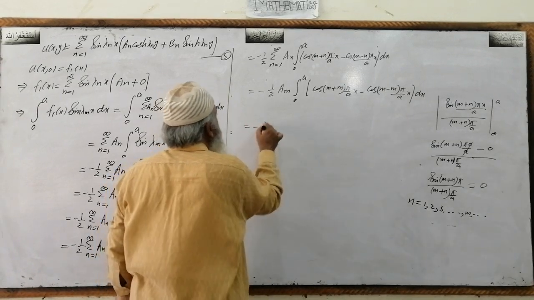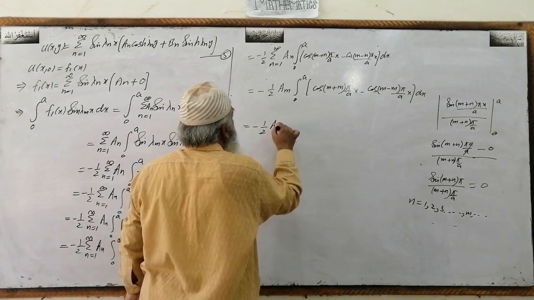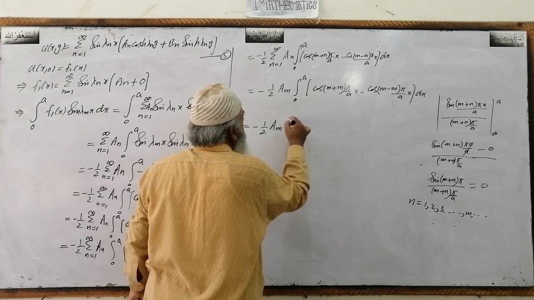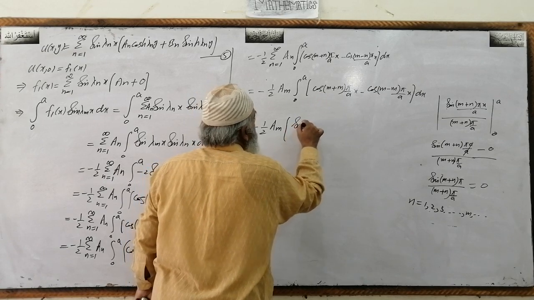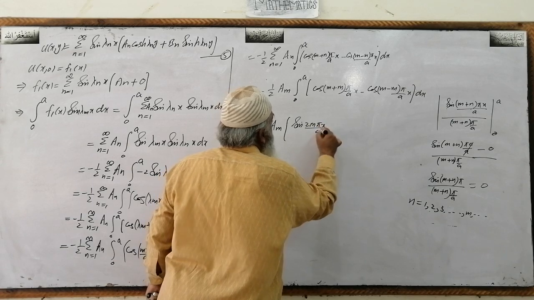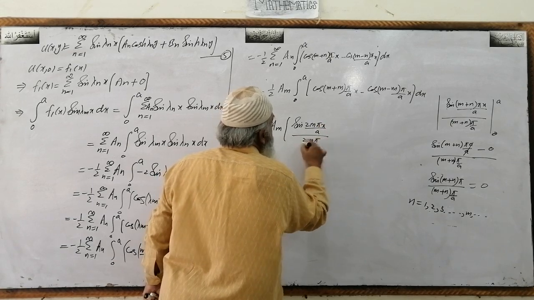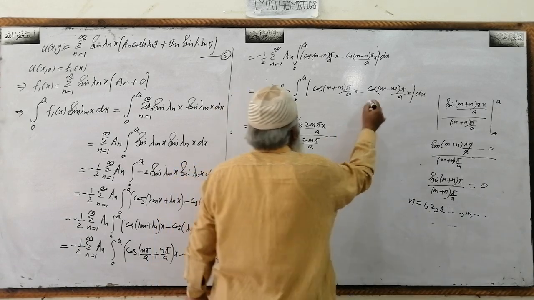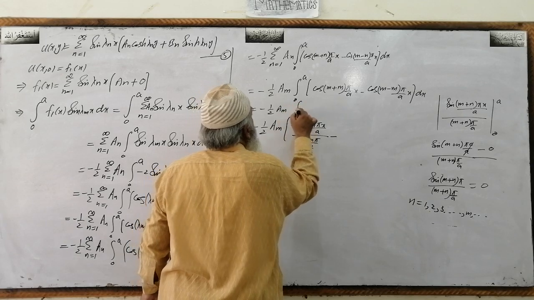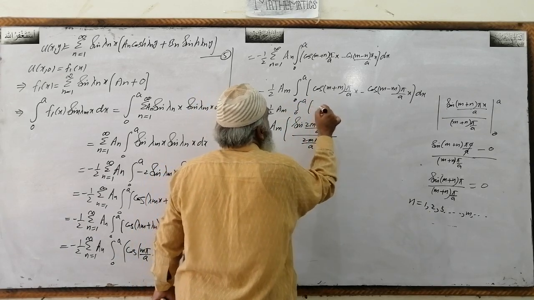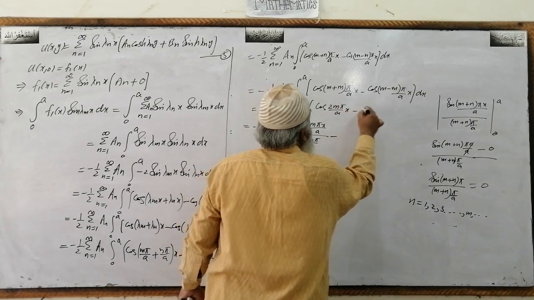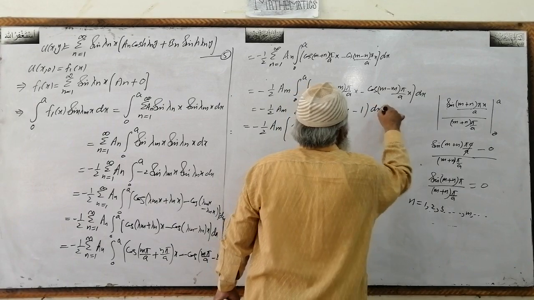This will become minus 1 by 2 a m, and now we are integrating it. Its integration will be sin 2m pi x over a divided by 2m pi over a, and this will obviously become, if we write one extra step, cos 2m pi over a x minus 1 dx.